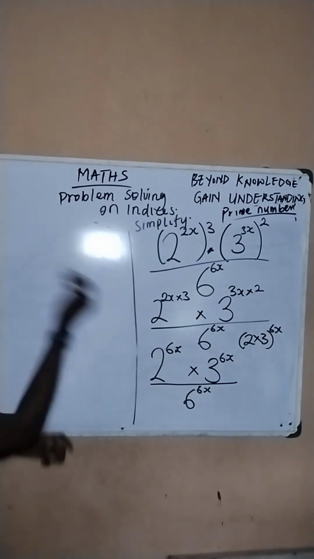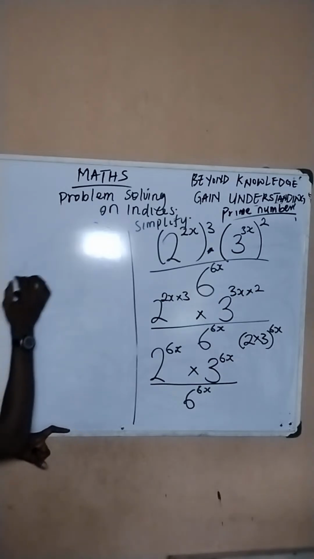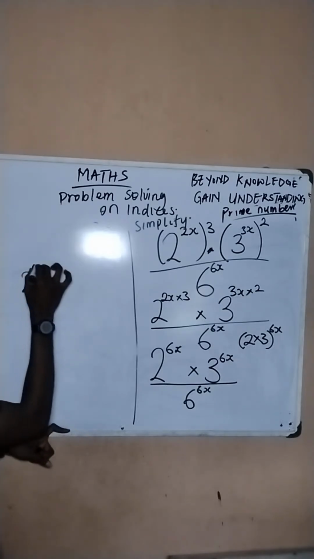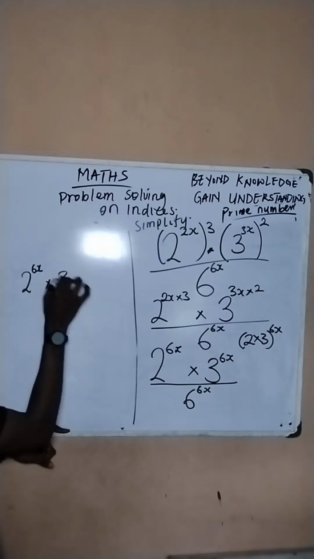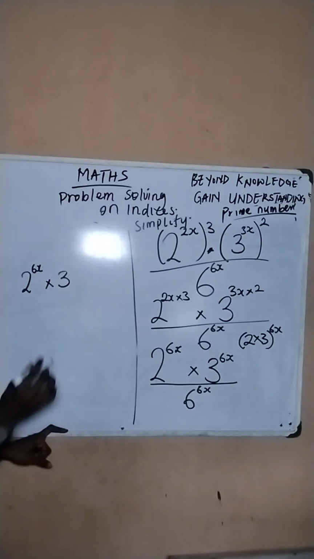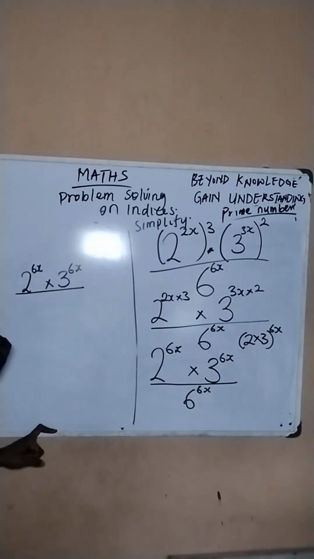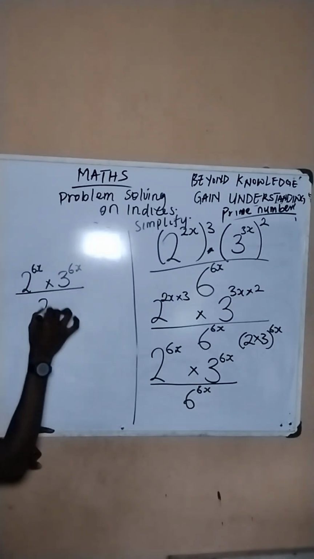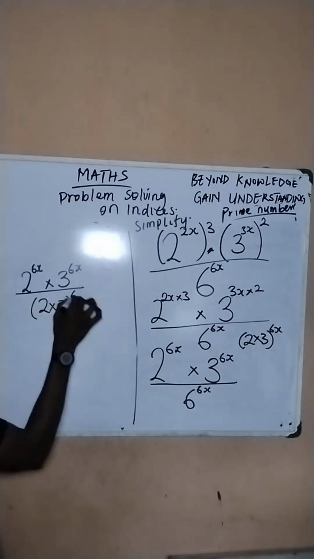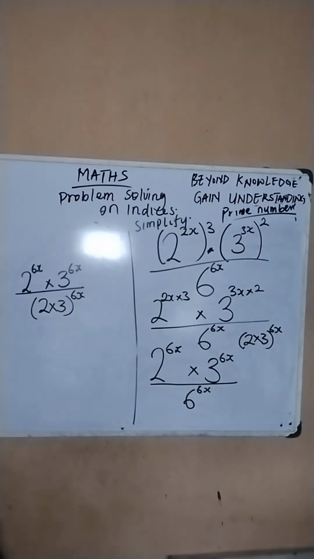So over here, it's going to be 2 raised to the power of 6x multiplied by 3 raised to the power of 6x, divided by 2 times 3, everything raised to the power of 6x. So this is what we have at this point.